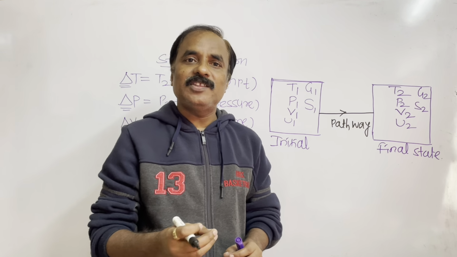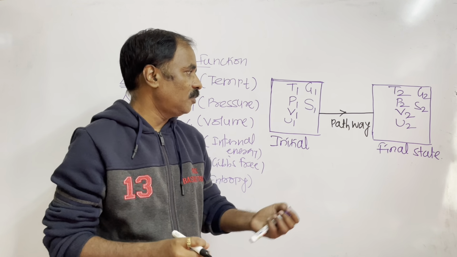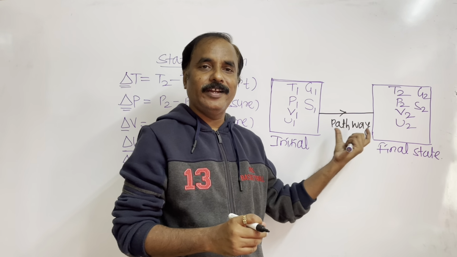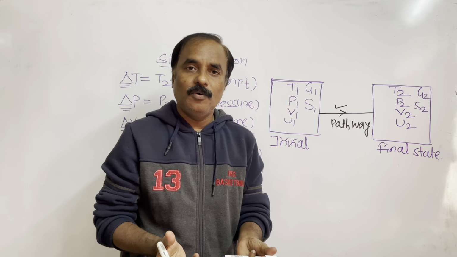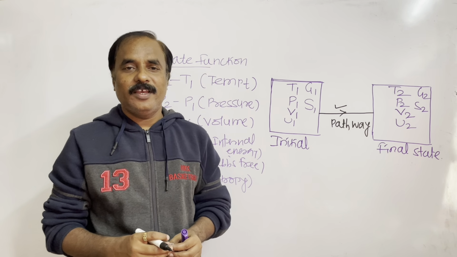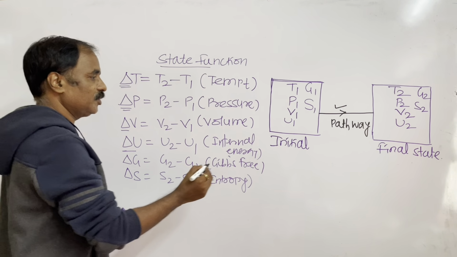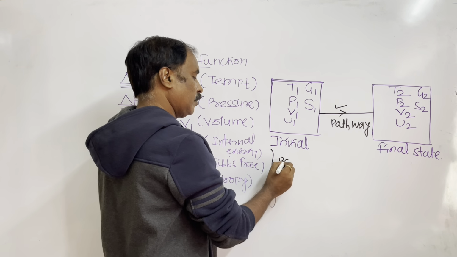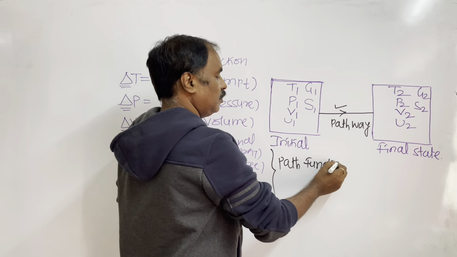Now what is a path function? पाथ फंक्शन का मतलब क्या होता है? यानी function which depends on pathway between final state and initial state, इसके ऊपर depend होता है. अभी उसका example क्या है? Example of path function, that is work and heat, isn't it? Path function. So what is a path function?